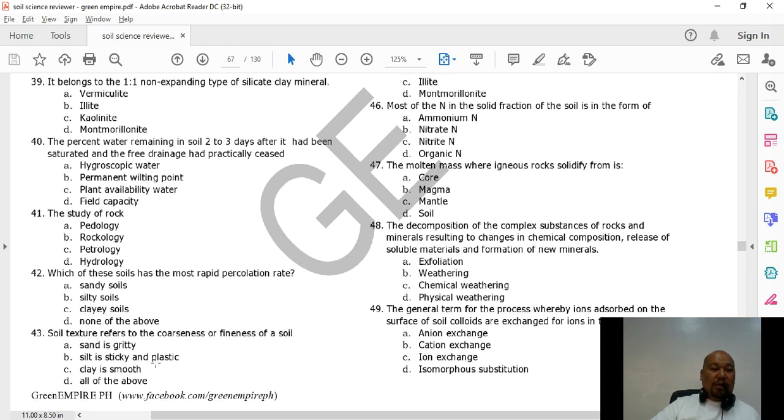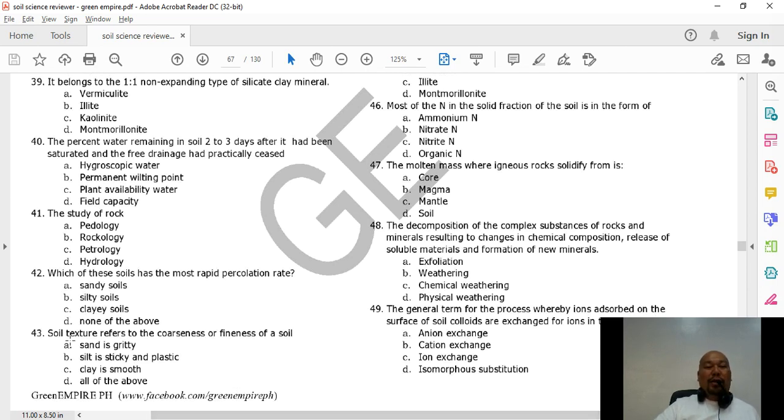I don't know what that means. Silt is sticky and plastic. Clay is smooth. All of the above. Stupid questions like this, with options like all of the above. Automatic that the answer is all of the above? Ma'am Renny Jane is laughing. Again, Ma'am Renny Jane, react.